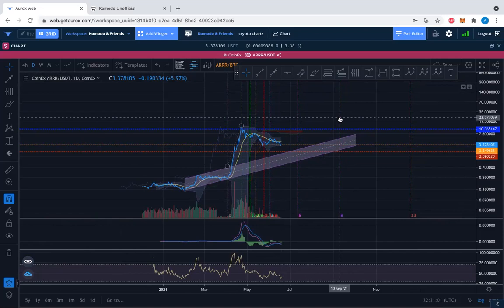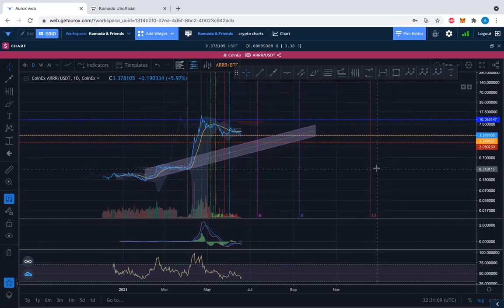We have the 8 around 10th of September timeframe, and the good old 13 here beyond November into what looks like would be October, November, December. So we're into the new year, 2022-ish. That's the daily.